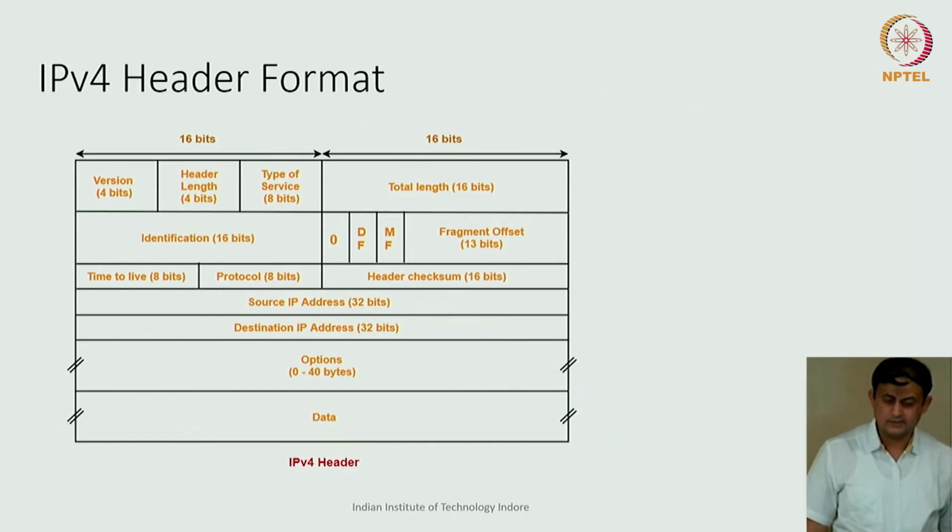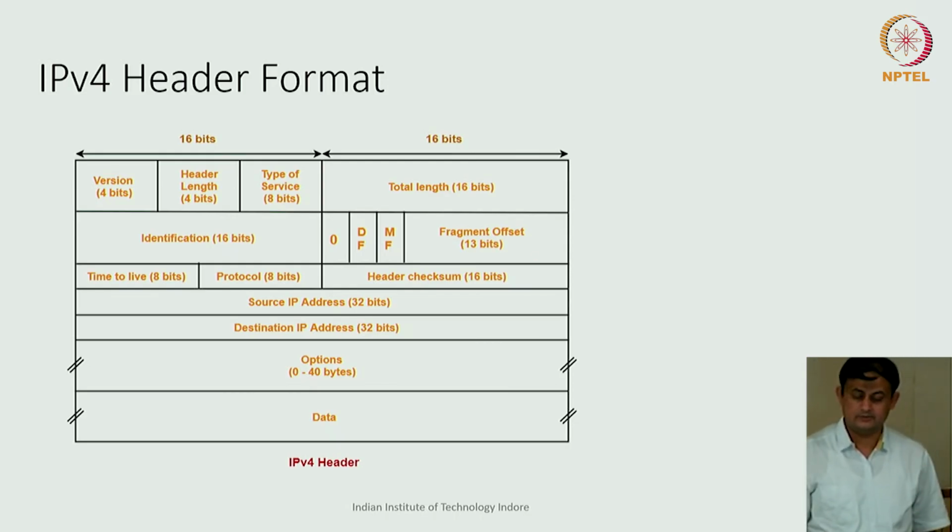In order to understand that, let's take a quick recap of what an IP version 4 header format looks like. It has the version number, header length, type of service, total length, identification field, some flags and fragment offset, time to live, or TTL. And then the important field for us is the protocol field.